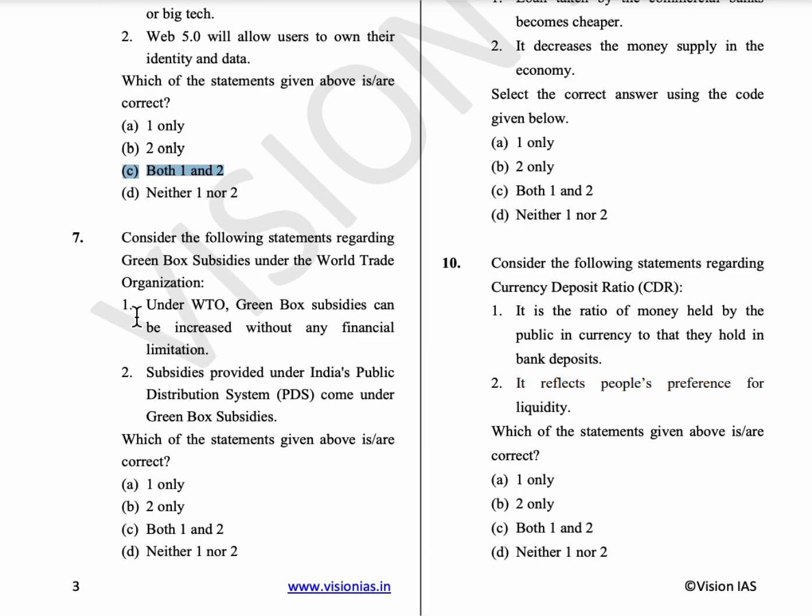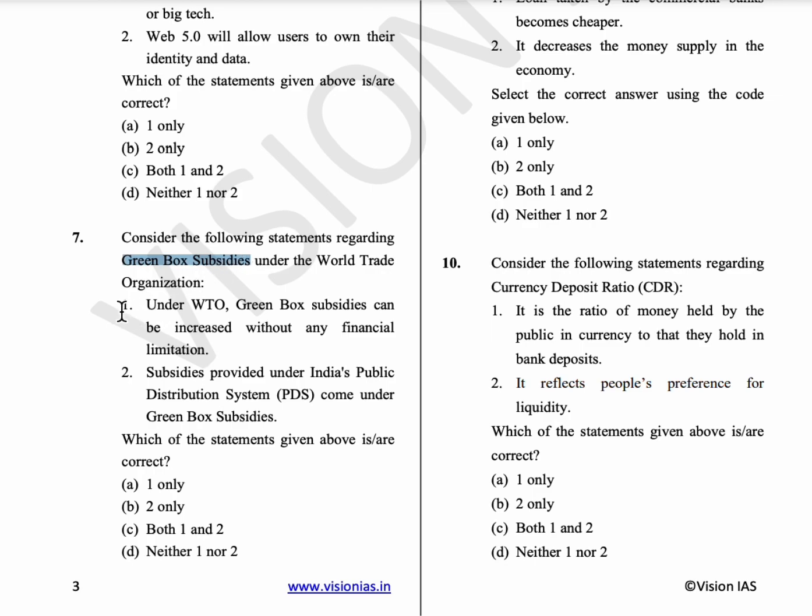So let's look into this seventh question. Consider the following statements regarding green box subsidies under the World Trade Organization. Green box subsidies means the products which have only little distortion or no distortion in trade or production.